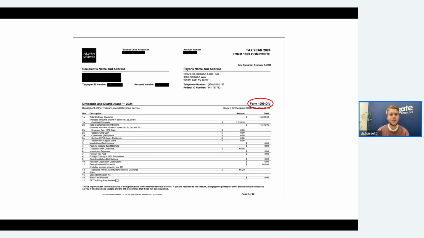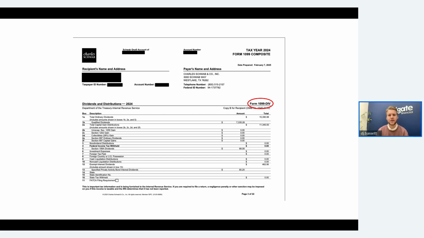Now, box 1B, just below that, you'll see qualified dividends. In this case, they have 7,300. So a little over 7,000 of those 15,000 in dividends are considered qualified dividends. What that means is that they are eligible to be taxed at a lower capital gains tax rate. It could be 0%, 15%, 20%, but at a lower rate than the rest of the dividends.